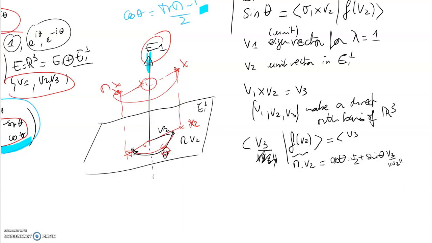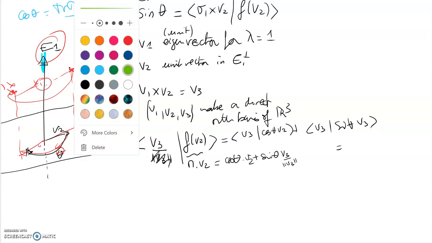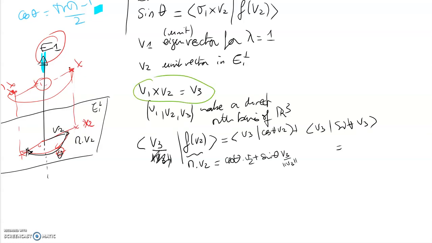As we built V3 to be the result of this cross product calculation, V3 is orthogonal to V1, and V3 is also orthogonal to V2.